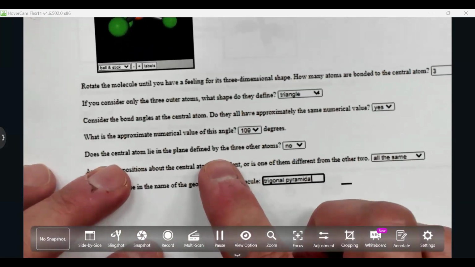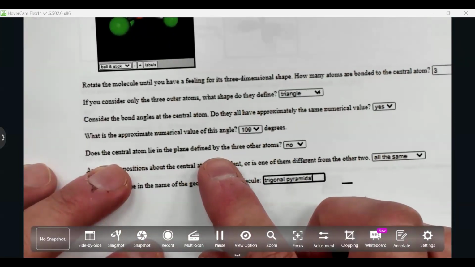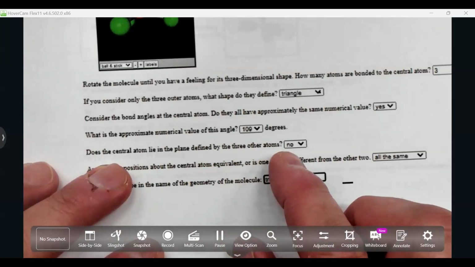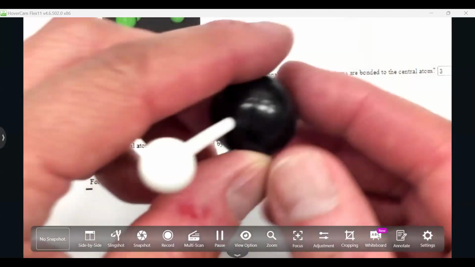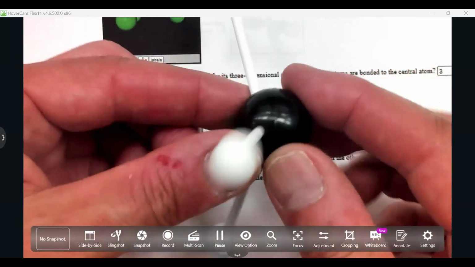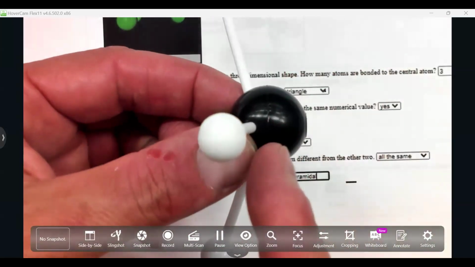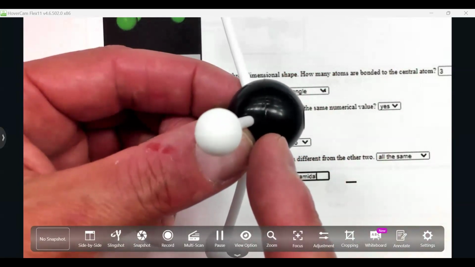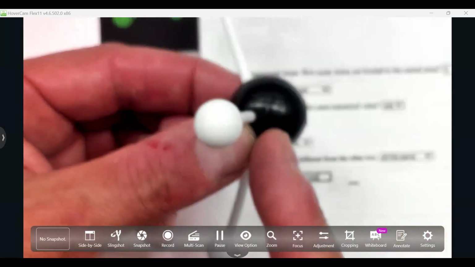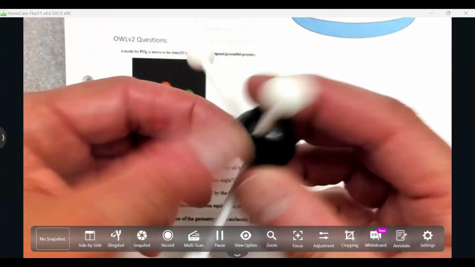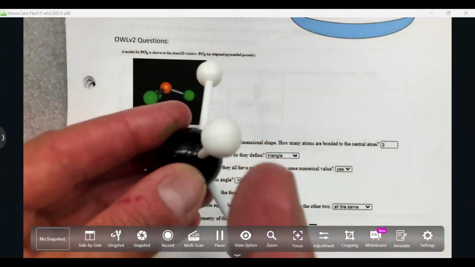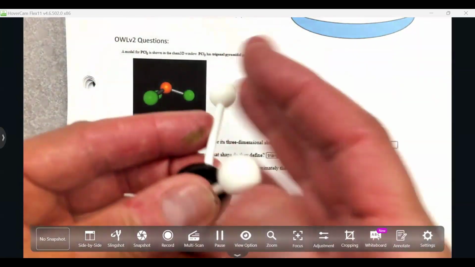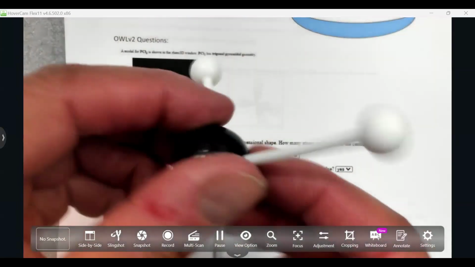Does the central atom lie in the plane defined by the 3 other atoms? What we're saying is this. Can you draw a line through the center of all 4 of these at once? No, they're not in the same plane, correct? These 3 here are in the same plane, but not this one.